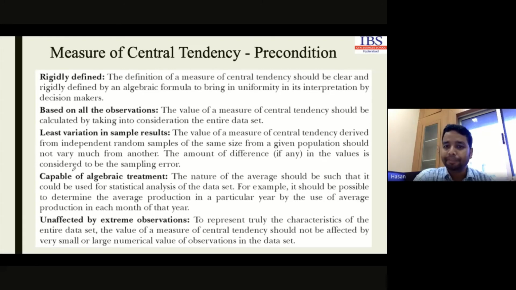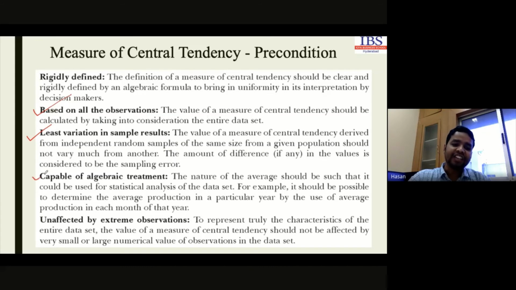After that, we identify all the observations and calculate the value for mean, median, or mode. That means the decision should be based on all observations. Also, least variation should be there. If there is a very high or very low value, it will affect the entire system, so our data should have least variation.